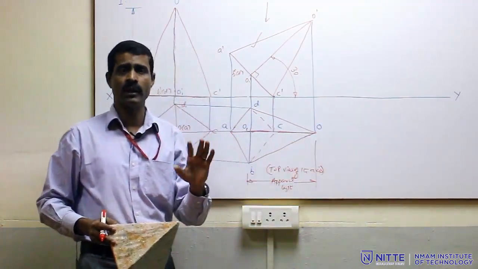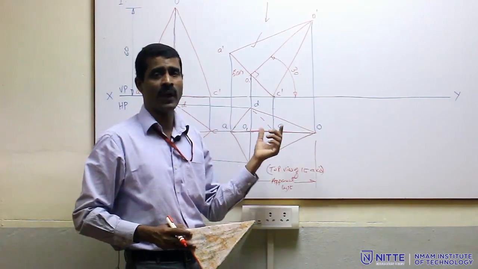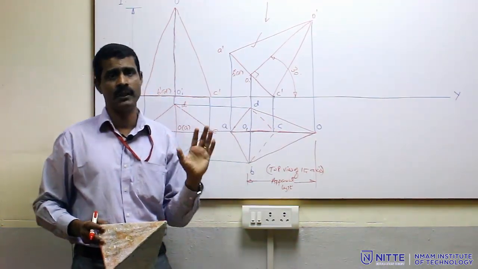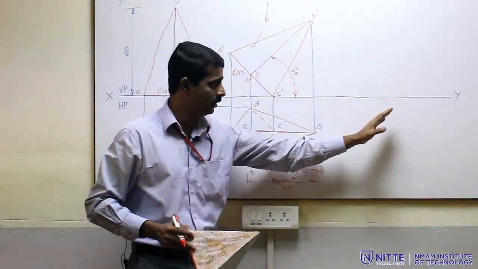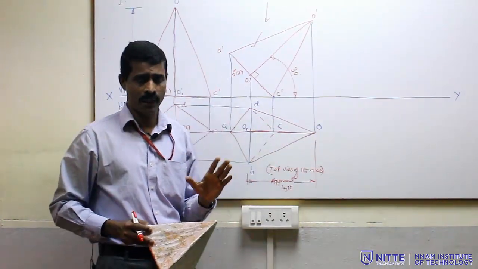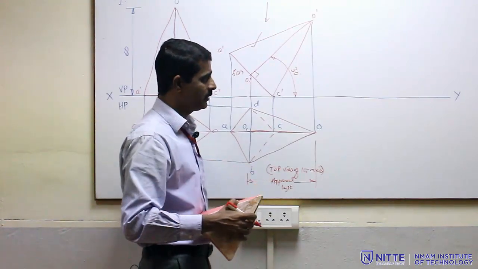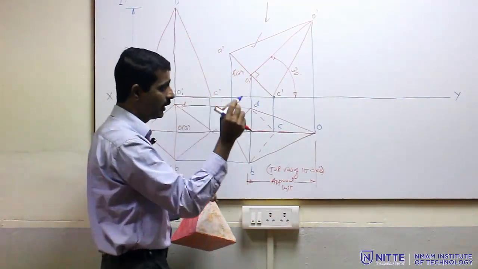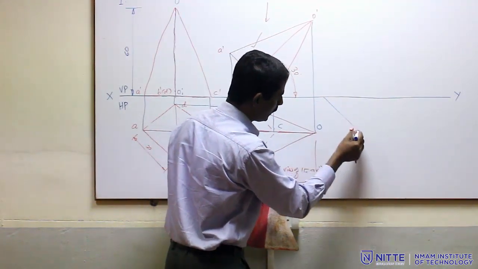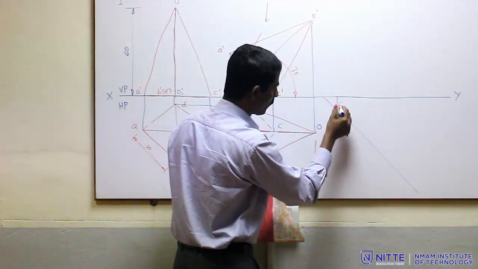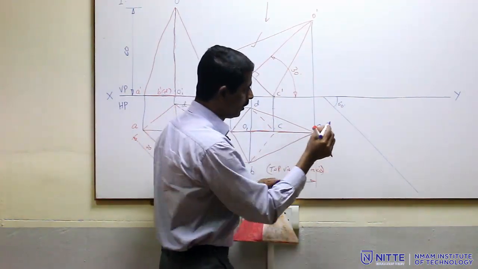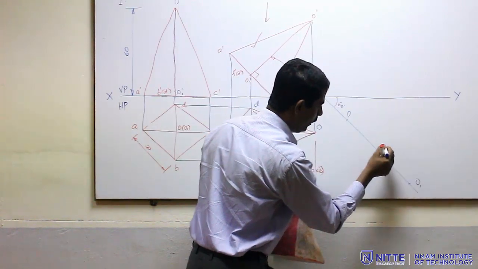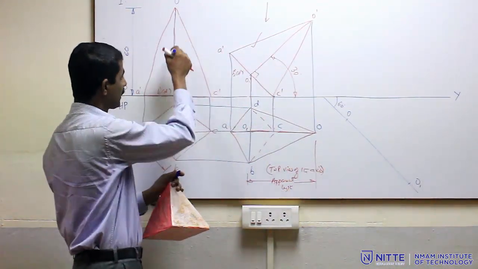That construction we call beta construction, because from phi, the true inclination to VP, we convert that inclination to beta, which is the apparent inclination to VP. So what is the beta construction? We consider the true length with the true inclination, draw a line at 60 degree, and mark O1, which is the true length of the axis.